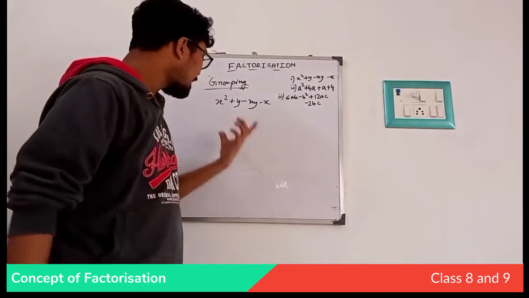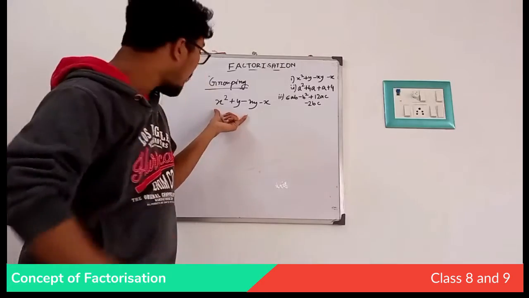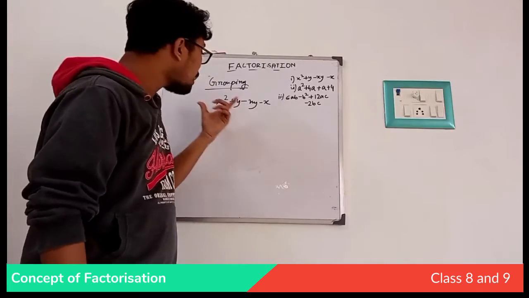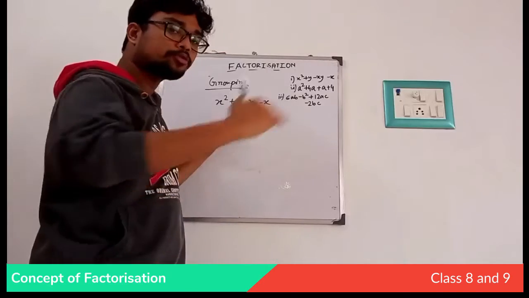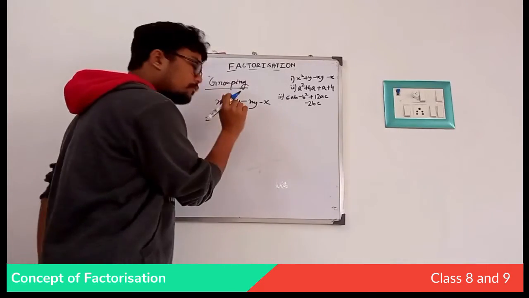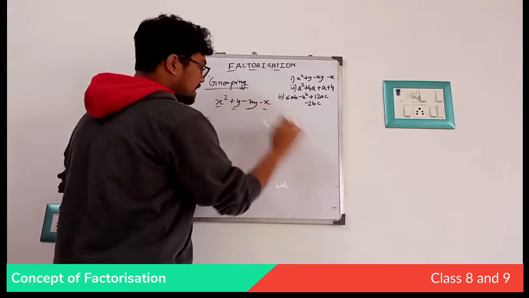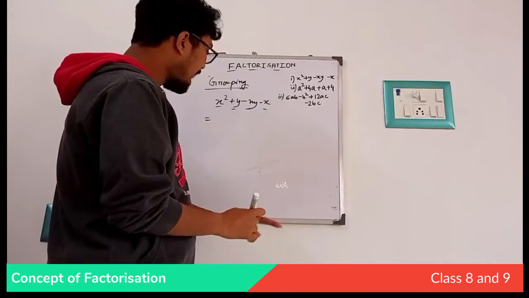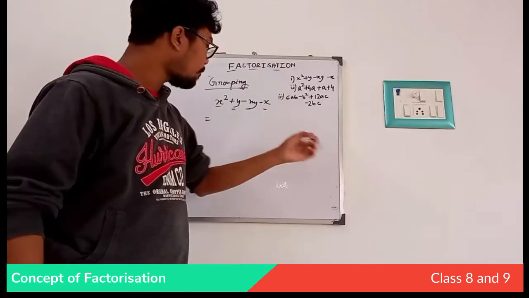Again I repeat, in the grouping process, we have to take a grouping in such a way that we get a common part in both terms. So what is the meaning of this statement? Suppose, what are the terms present in this expression? x square, y, xy and x. So I will try to take a grouping that will help us get a common factor.